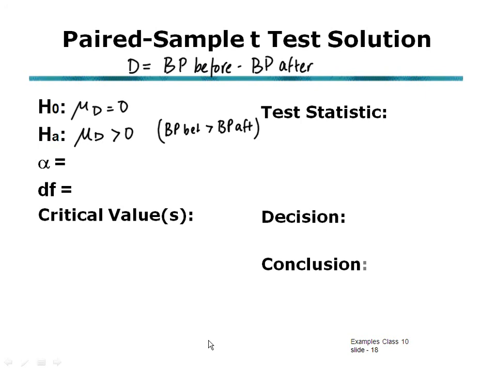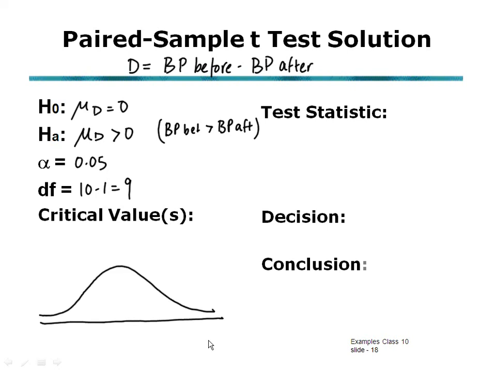Again, we said to use alpha equals 0.05 in this example, and our degrees of freedom was 10 minus 1, which was 9 degrees of freedom. Now for the critical value for T, this is a one-tailed test with 0 in the middle and an alpha value of 0.05 all at one end, with 9 degrees of freedom.